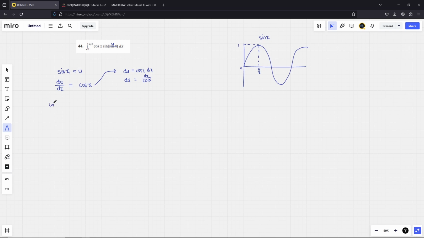So when x equals 0, this implies that u is equal to sine of 0. I subbed in 0 for x. And also, when x is pi by 2, then u is equal to sine of pi by 2.